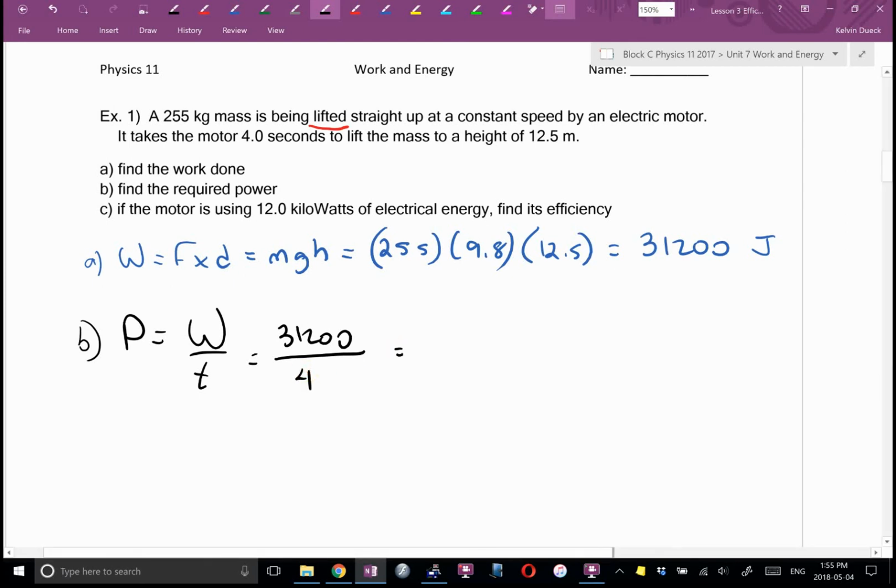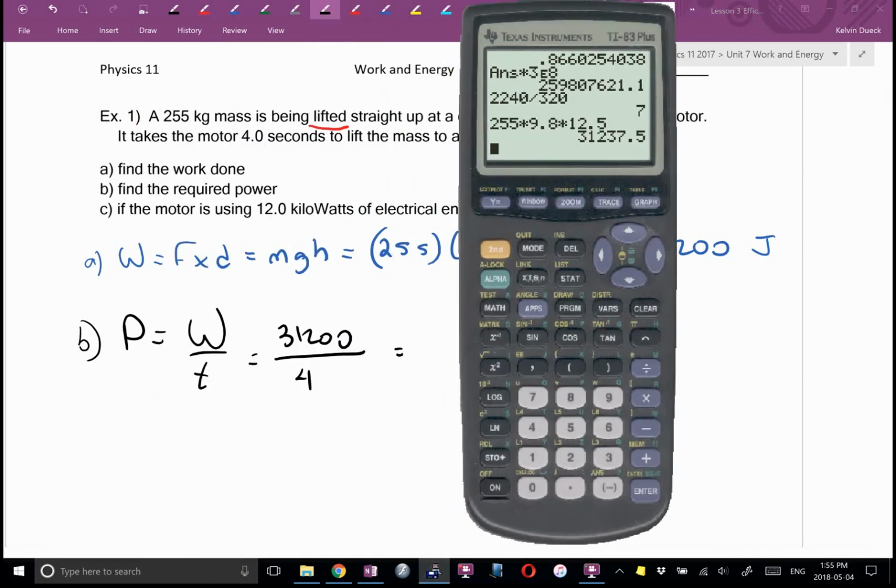Well, 12.5 meters. How high is that? About 4 stories. One story is around 3 point something meters. So 3 times 4 is 12. 3 point something times 4 would be 12 point something ish. So lifting that's about a story a second. That's pretty fast. Do you all get 7,809 point? I'm going to call that 7,810. I'll go to 3 sig figs.